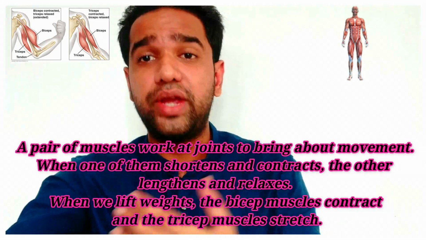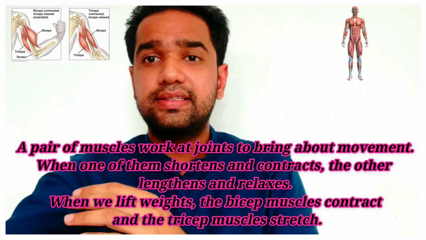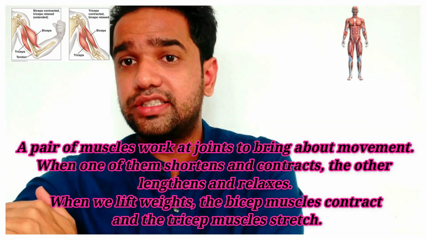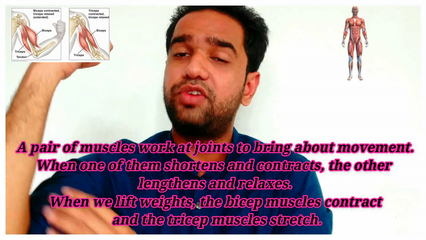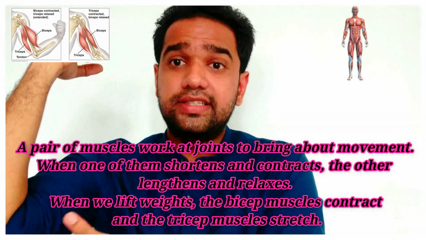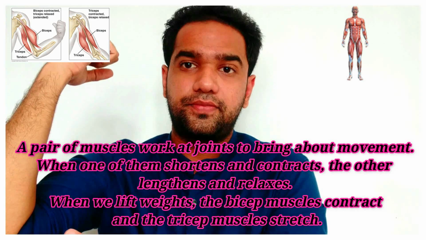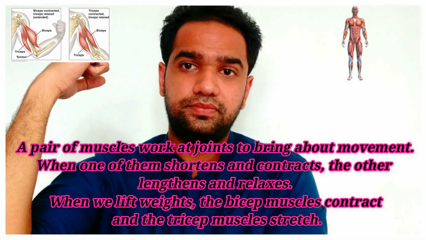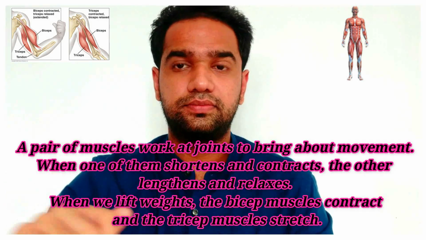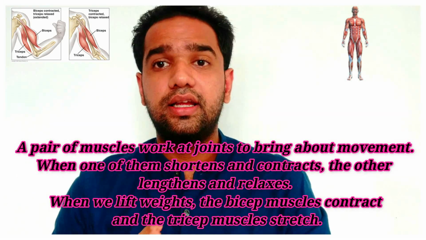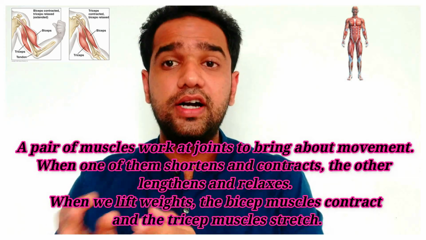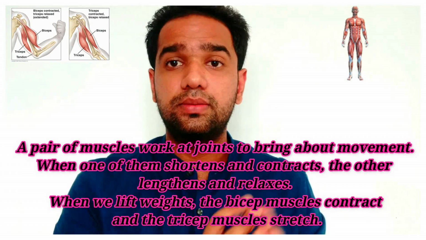So when we lift a weight, what will happen? This biceps gets shortened. And what about triceps? This triceps muscle stretches. Clear? Understood? So remember that a pair of muscles works at joints to bring about movement.